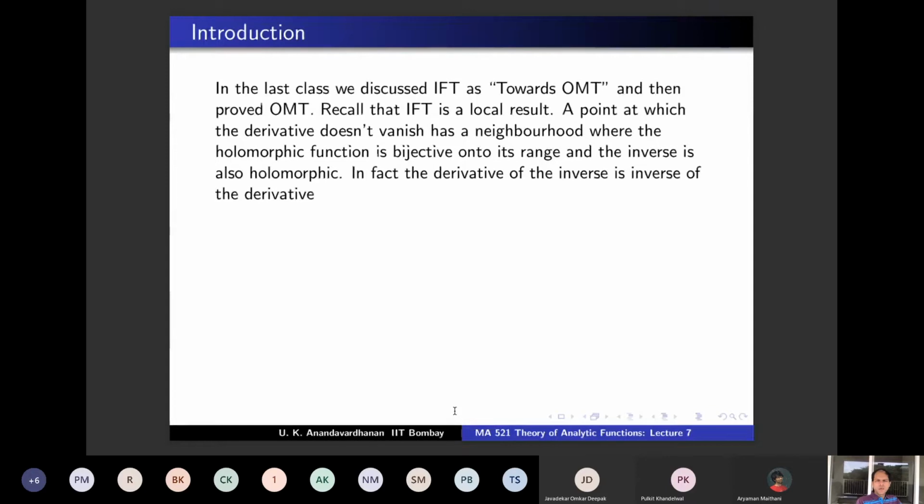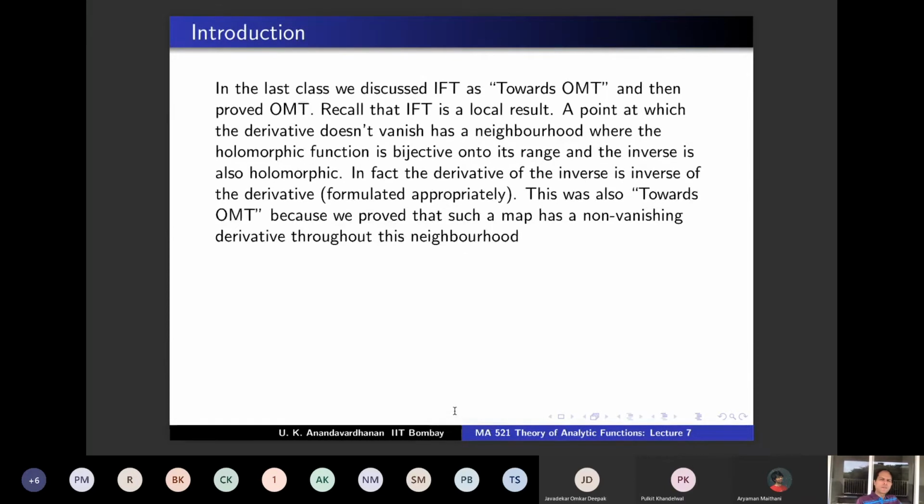In fact, the derivative of the inverse is the inverse of the derivative, formulated appropriately, meaning the inverse lives on some other domain, so you are taking a point which is the image of this point. So if h is the inverse, then h prime of w is 1 by f prime of z, where z and w are mapped to each other. This was also towards OMT because we proved that such a map has a non-vanishing derivative throughout this neighborhood, and on that neighborhood it's an open map also.